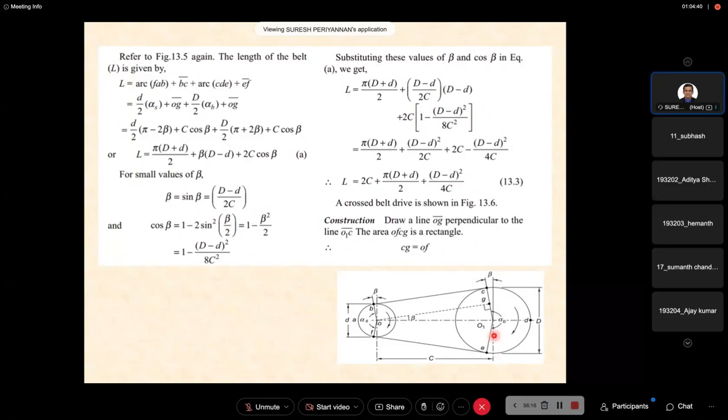EF is nothing but OG. Then simplify this.